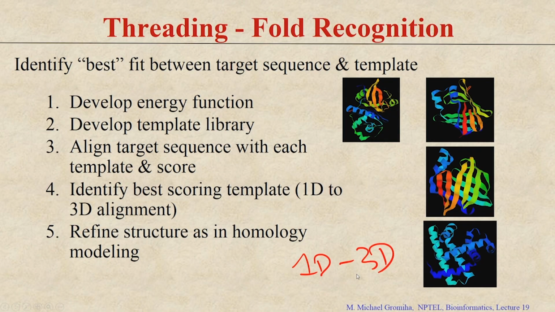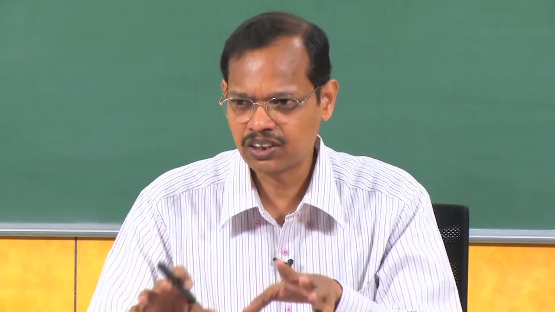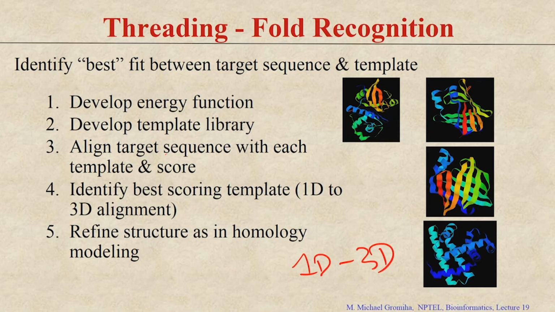What do we do? We first get the energy function, which is very important and a difficult step, and template libraries. You can see the different structures available in the Protein Data Bank. You make libraries, see which energy function fits which type of proteins, and then align the sequence with the template using a score.